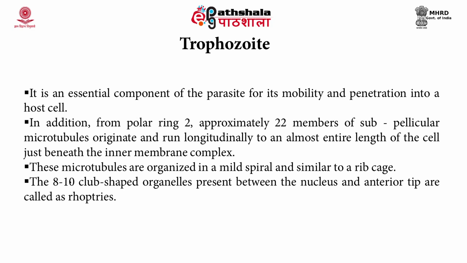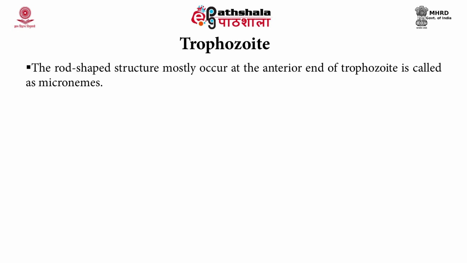The 8 to 10 club-shaped organelles present between the nucleus and anterior tip are called rhoptries. The rod-shaped structures mostly occurring at the anterior end of the trophozoite are called micronemes.